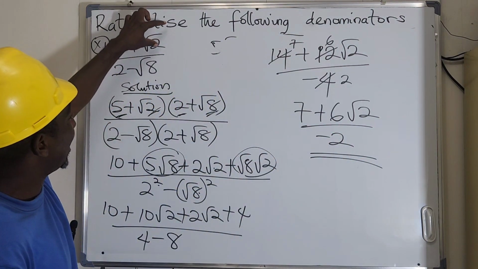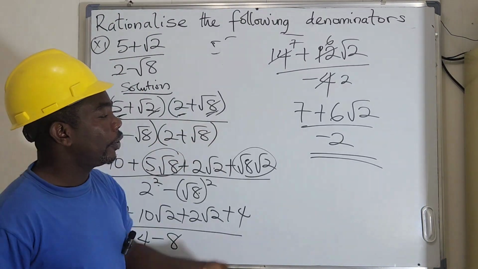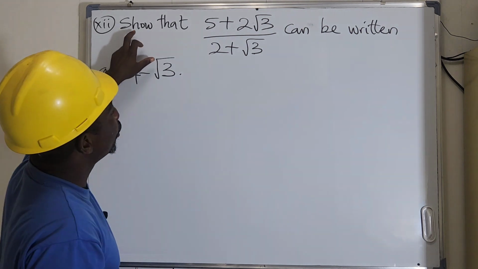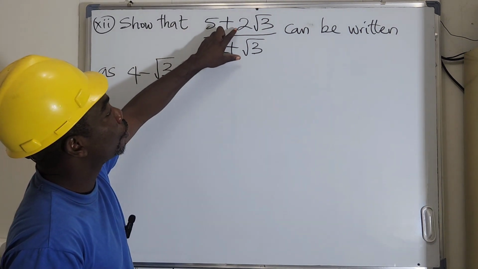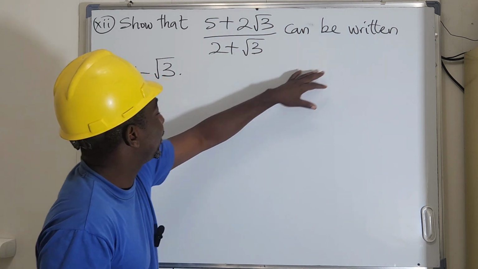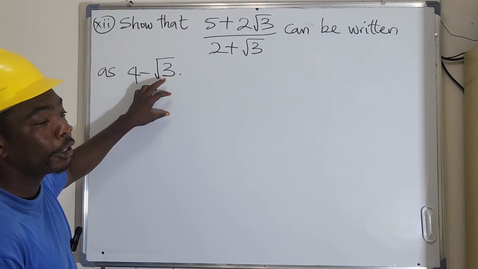For us to rationalize this sort, we have this. So the next one, the last one, which is number 12, says show that 5 plus 2 root 3 all over 2 plus root 3 can be written as 4 minus root 3.